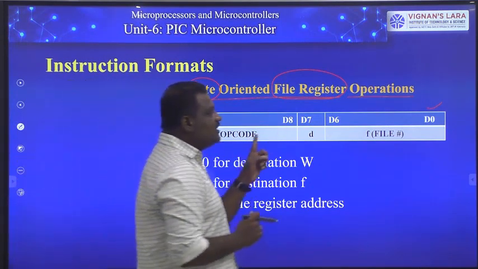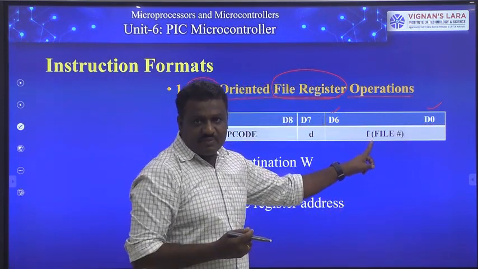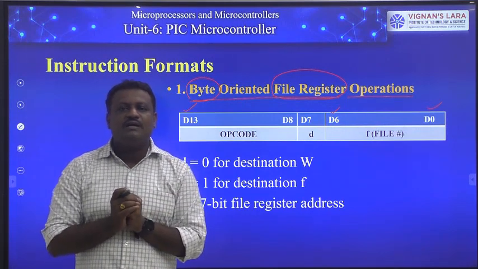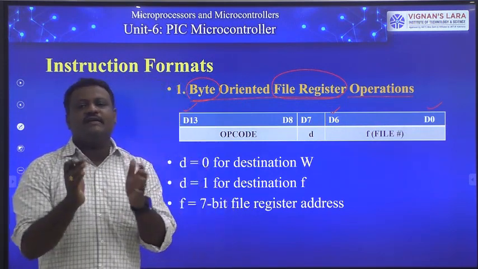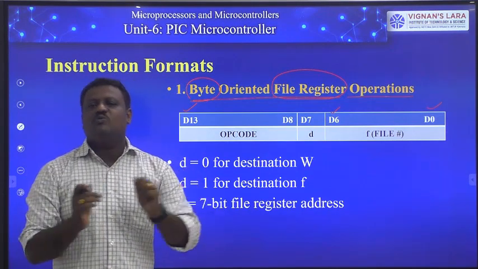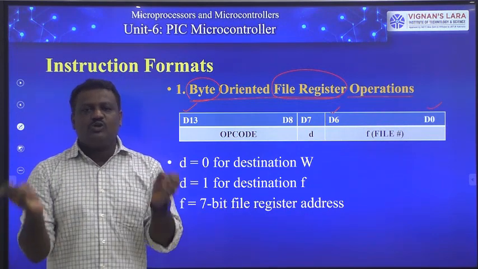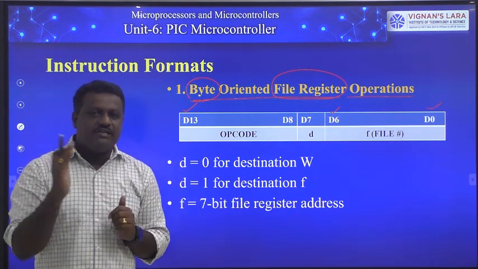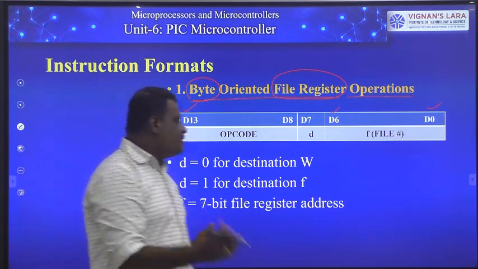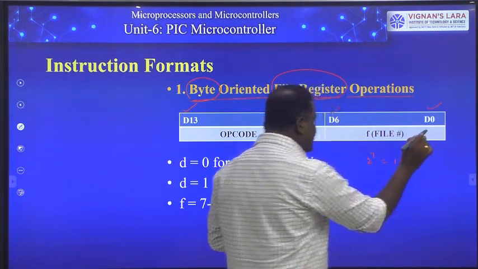The least significant 7 bits, D0 to D6, are called F, the file register. A file register is nothing but a register present in a register bank. We know that each register bank size is 128 bytes. To identify a particular location in that register bank, no doubt I need a 7-bit address, because 2 power 7 is equal to 128.